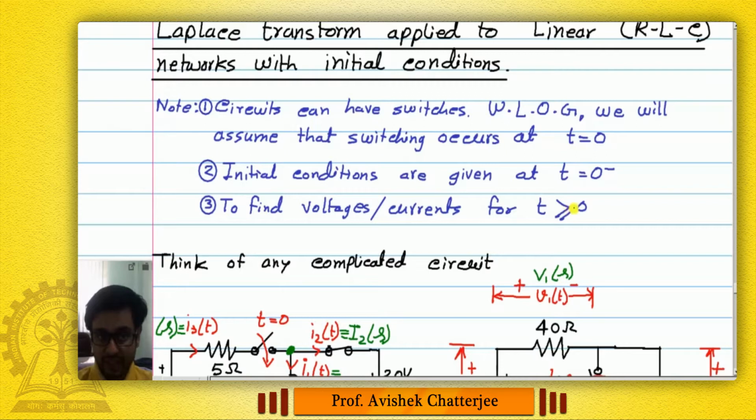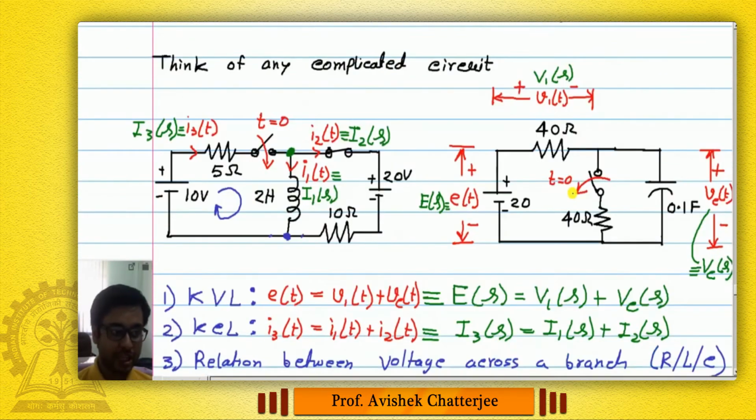That means starting from t equal to 0 and onward, including t equal to 0. Okay? Therefore, all this Laplace transform that we will use will be unilateral Laplace transform or one-sided Laplace transform.